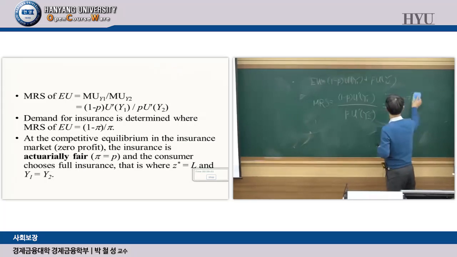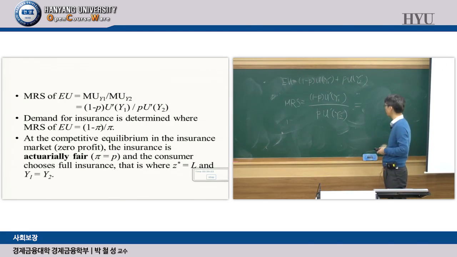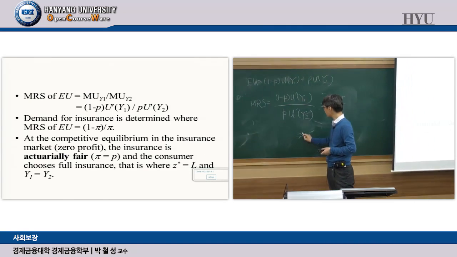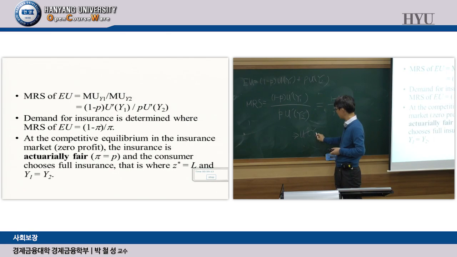Okay, pi equals p. If that's the case, this should be equal to this, right? Which basically means the marginal utility of y1 should be equal to the marginal utility of y2. Which means y1 should be equal to y2.